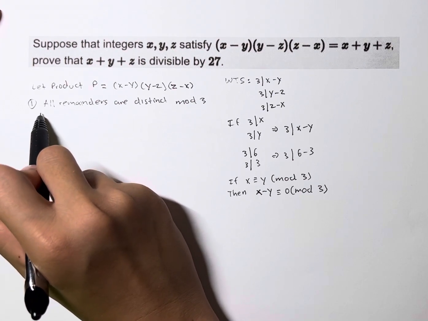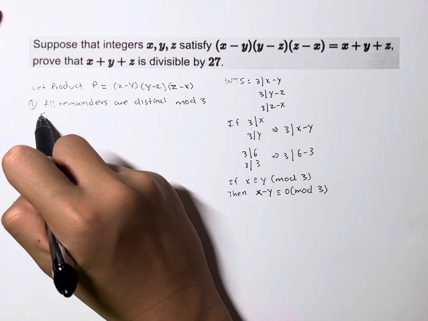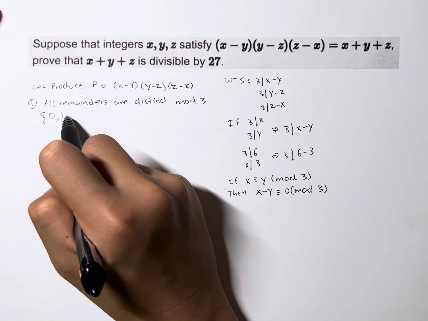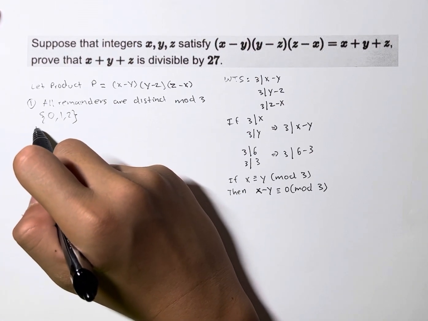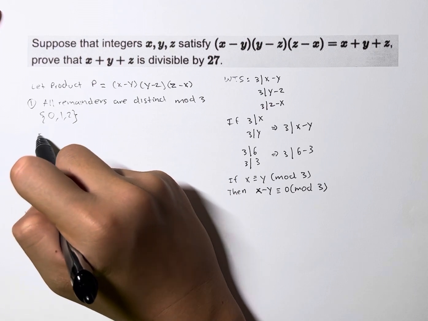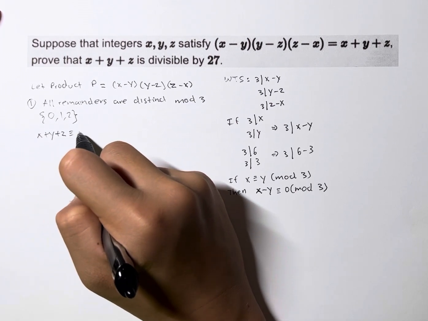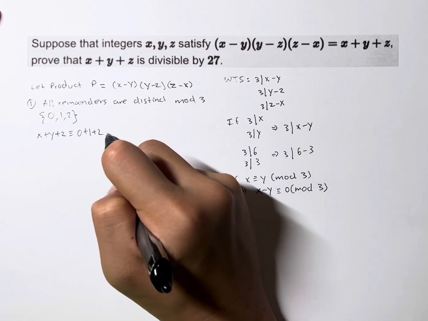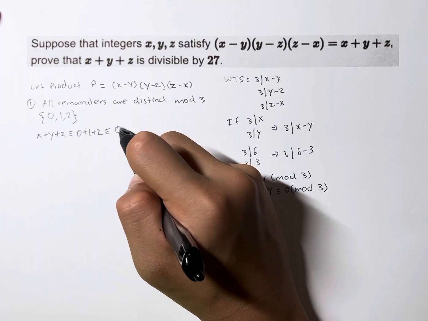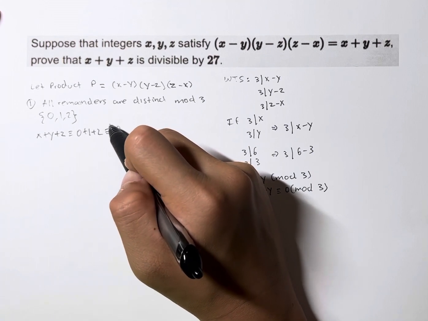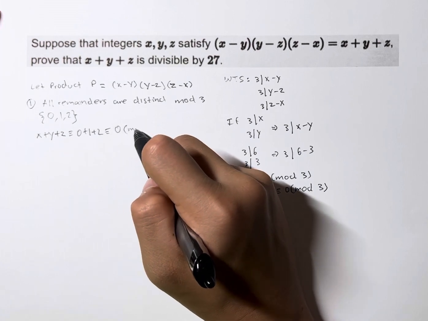So this means that the remainders can be 0, 1, and 2. So we get that x plus y plus z is congruent to 0 plus 1 plus 2. This will be congruent to 0, because 3 is congruent to 0 mod 3.